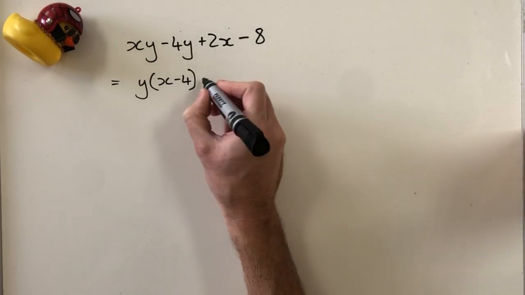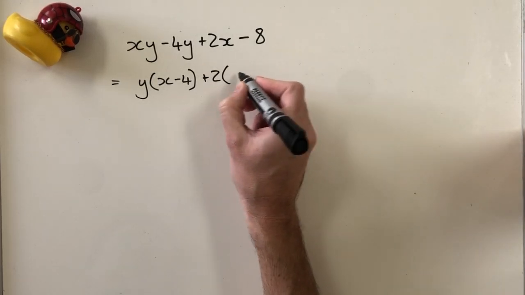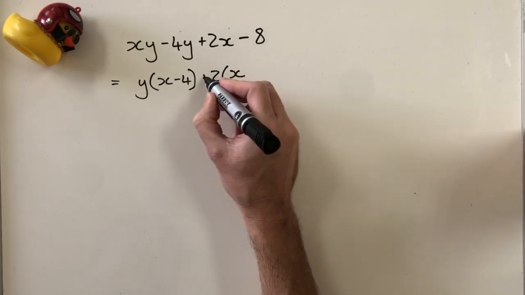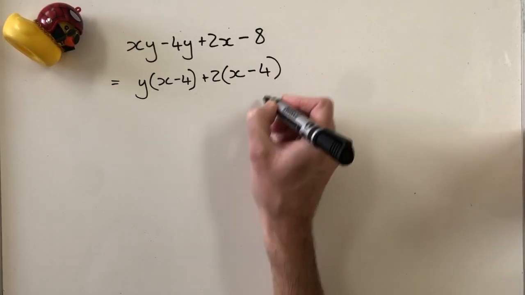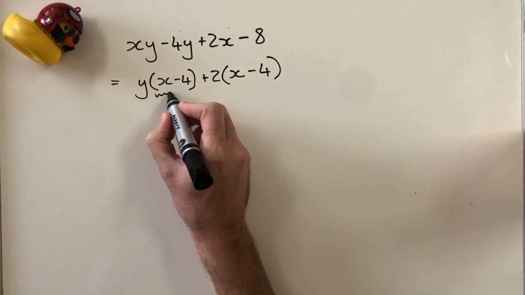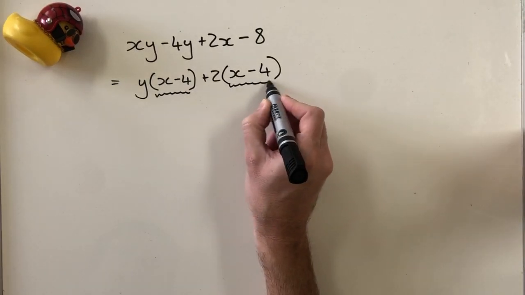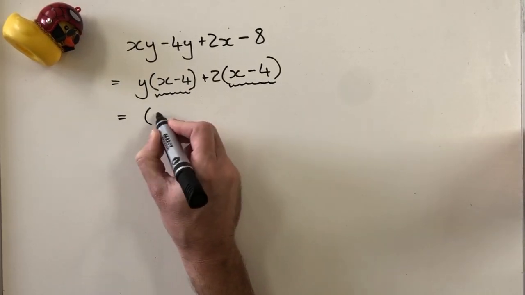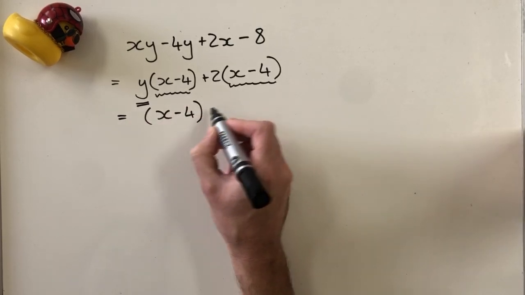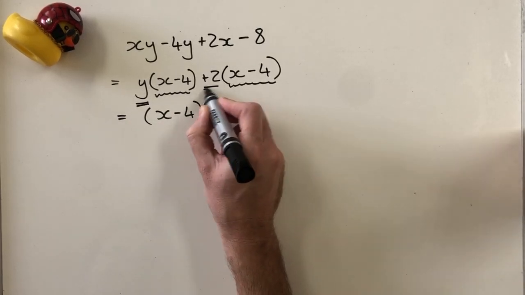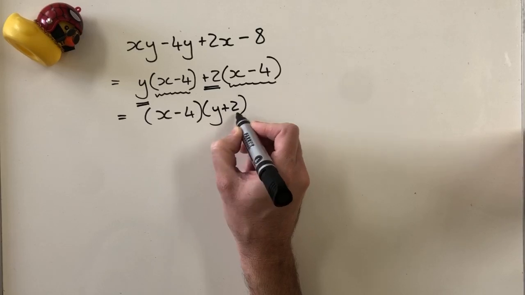And here I can take out a 2, plus 2, and here I'll have x minus 4, because 2 times -4 will be -8. And I got lucky again with this whole bracket being common, x minus 4, and what's left here is the y, and there the plus 2.